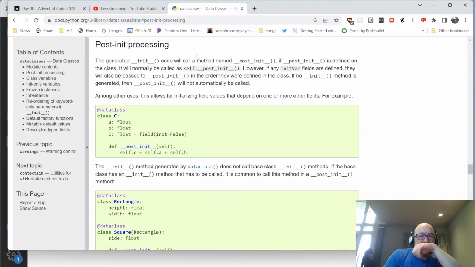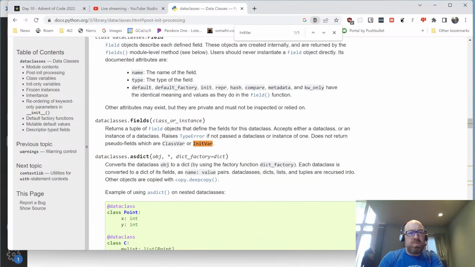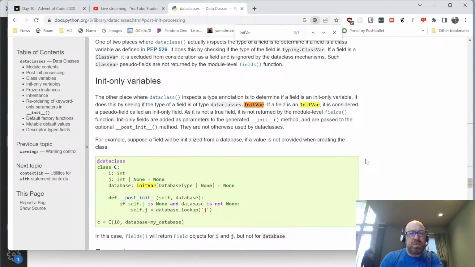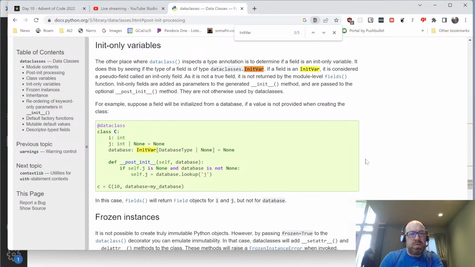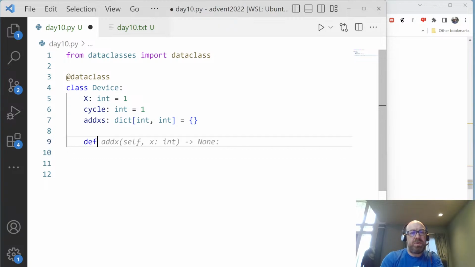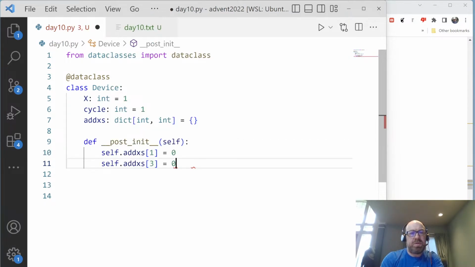Post init, if it's finding the class itself, post init, InitVar. What is InitVar? InitVar is considered a pseudo field, called an init-only field. Module level fields, blah, blah, blah. Let me just do this. Def post init self, self dot add x's equals this.